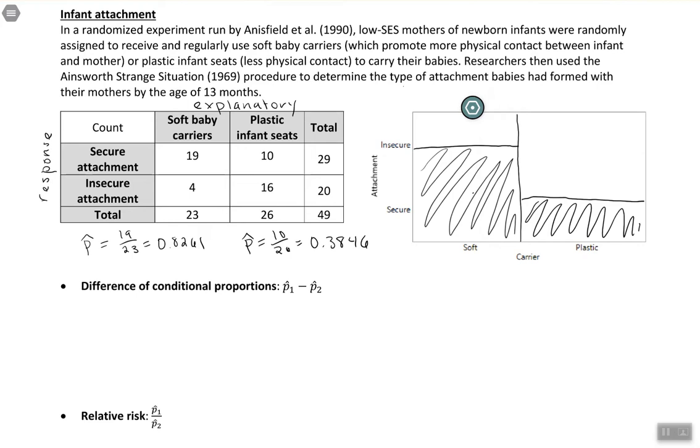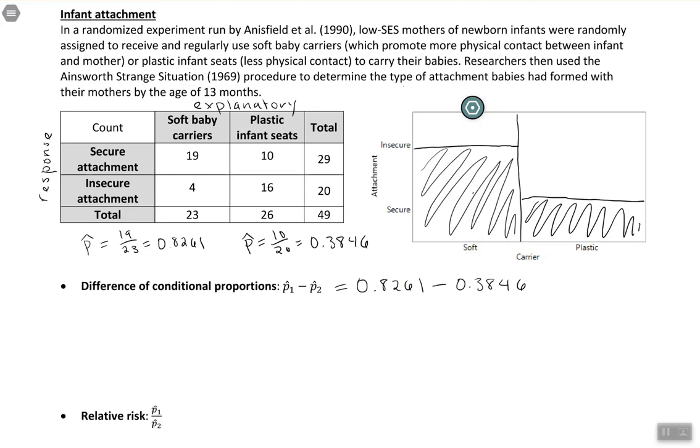On the rest of this page, we're going to talk about a couple different ways to describe the strength of that association. Maybe the most obvious way is just to calculate the difference. We're going to do the proportion in the soft group minus the proportion in the plastic group. These are called conditional proportions, because you're calculating the proportions within each group.